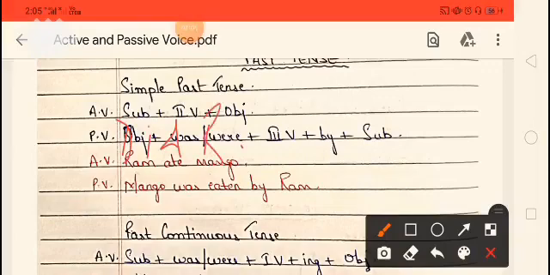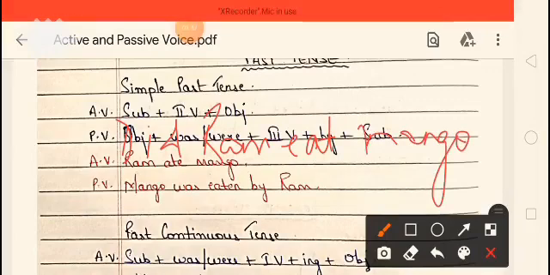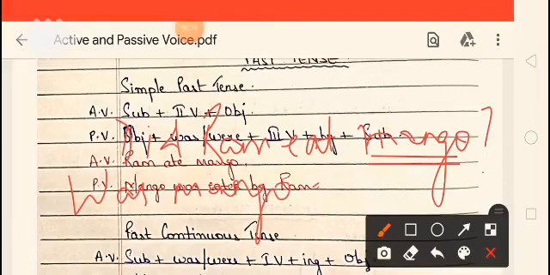So here we know that in case of an interrogative sentence we have to put the helping verb first according to the object. So the object is singular here, mango, so the helping verb used is was. Was mango, then again the third form of the verb, eaten, by Ram, question mark. This will be the answer.